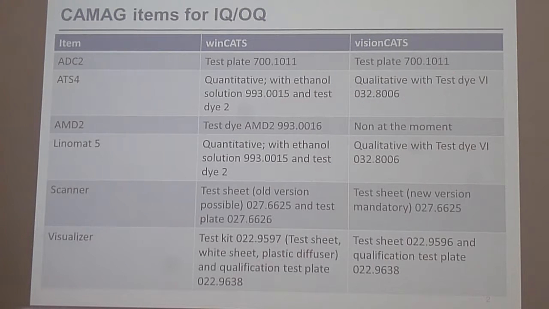With VisionCats in future, we are not sure what we are going to do, because we have some troubles sending this ethanolic solution around the world. Some countries say no problem, some other countries say no way, and a third country says yes, but we have to have that amount of paper, so it's a bit difficult.